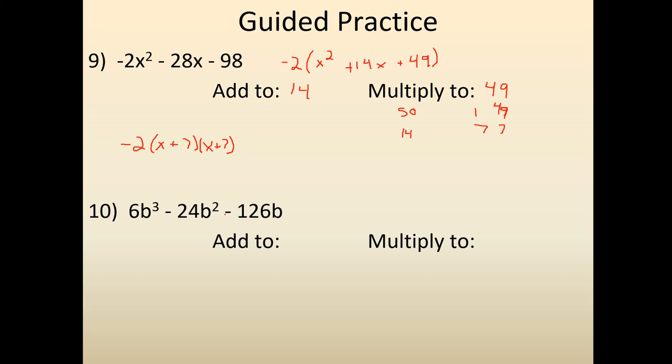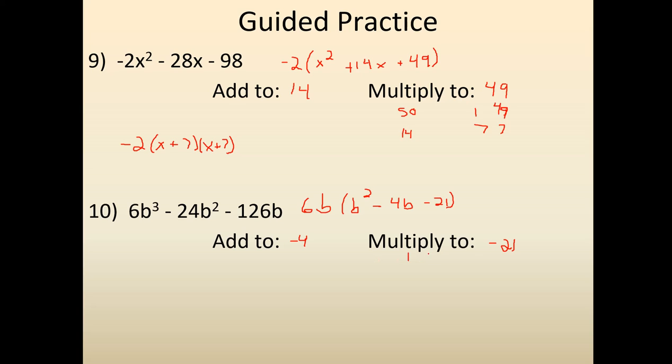Here I can pull out a 6b from each term. So divide this by 6b and I'm left with b squared. This ends up leaving me with negative 4b, and negative 126 divided by 6 is going to give me negative 21. So I'm looking for numbers that will add to negative 4 and multiply to negative 21. So my bigger number should be negative.